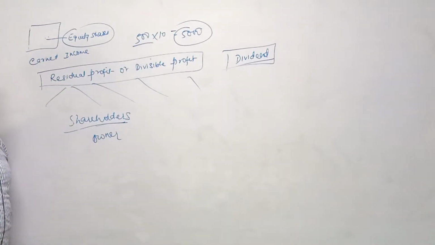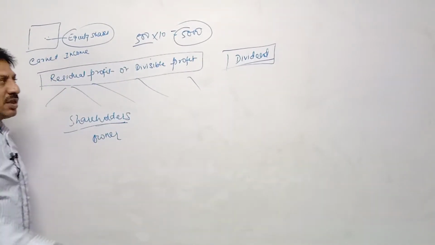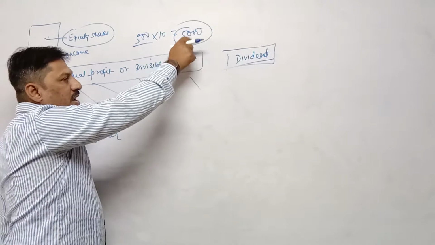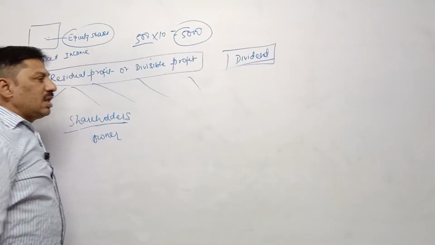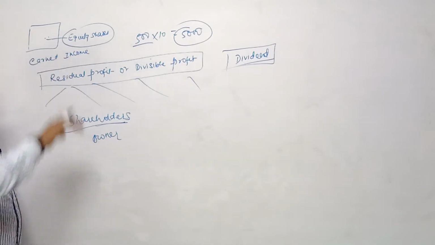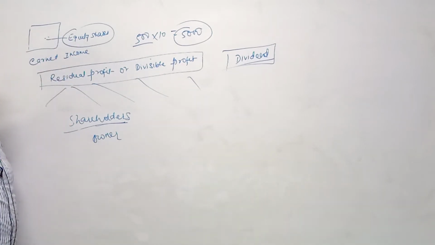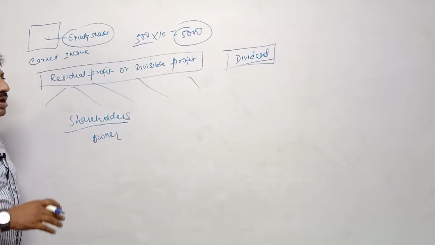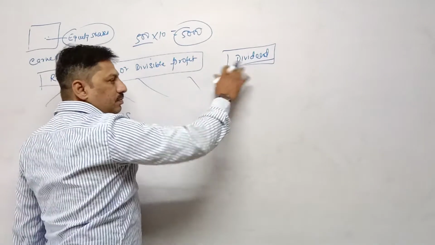This 5,000 investment amount I will not get back during the lifetime of the company. In other words, the company will not return the amount of equity shares to the shareholder. Only every year they will get dividend.